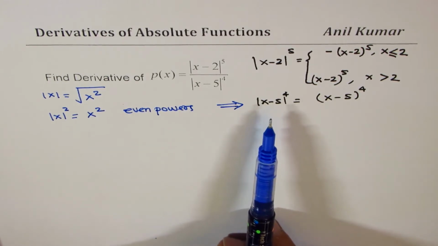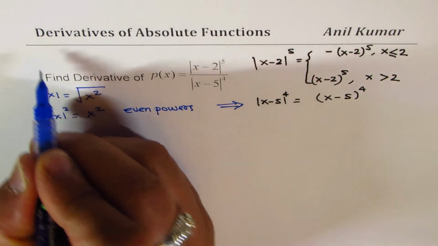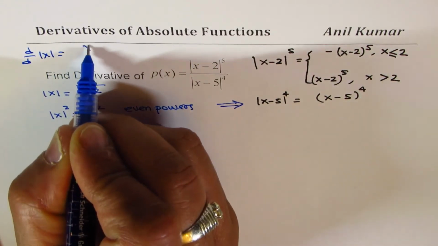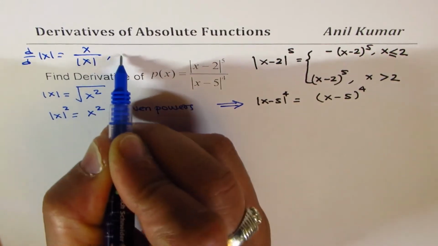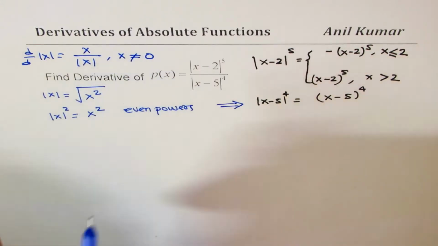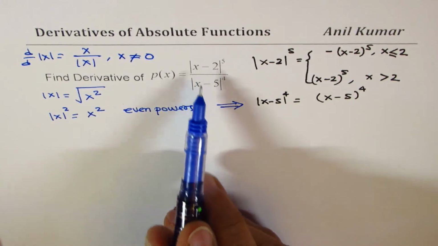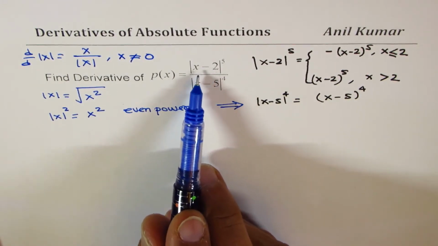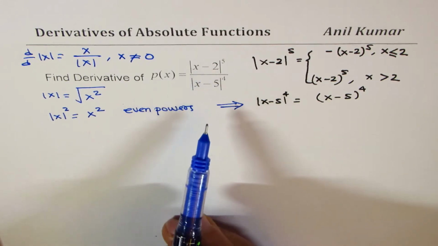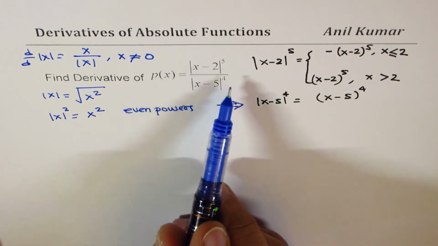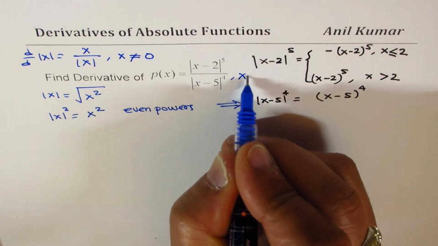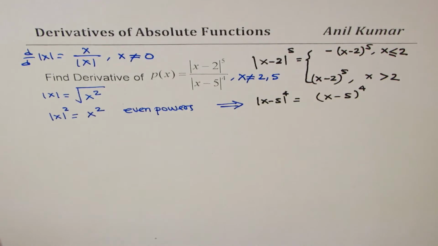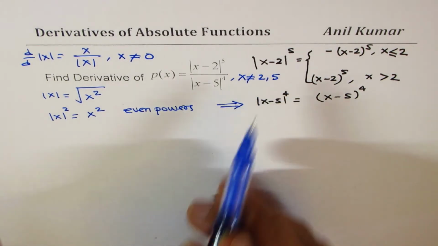We also learned that the derivative of the absolute value of x is x over the absolute value of x, where x is not equal to 0. Right? So all these derivatives are defined at all the points except wherever there's a corner, right? So straight away we know for these functions that x is not equal to 2 or 5. Is it okay? That is a point where the derivative is not defined.